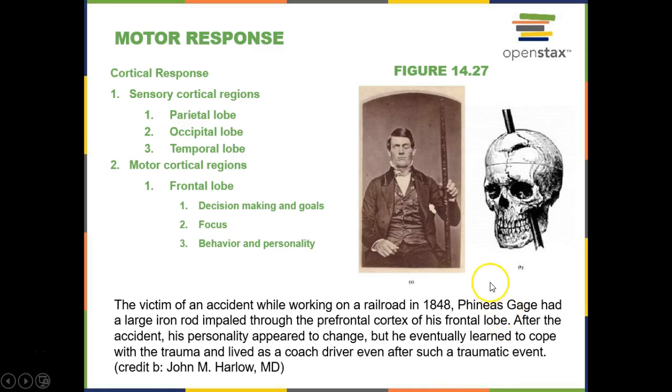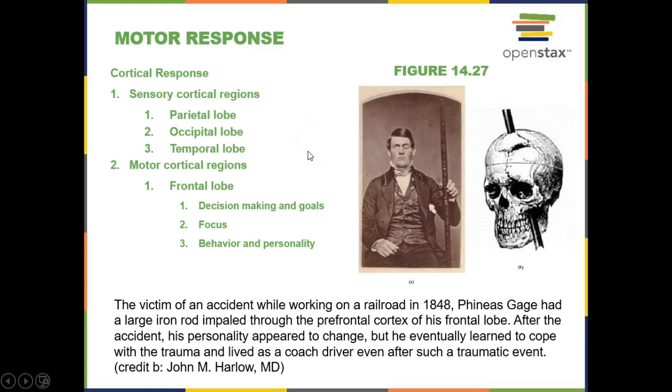Phineas Gage was a worker on the railroad, a very pleasant individual in general, and during his time working, some accident occurred and one of the railroad ties embedded itself into his frontal lobe, or through his frontal lobe. It went right through his face, through his skull, of course, and out, and it damaged that frontal lobe.